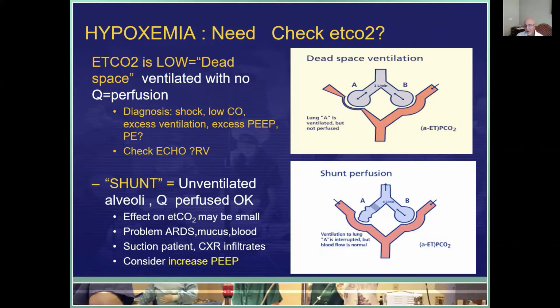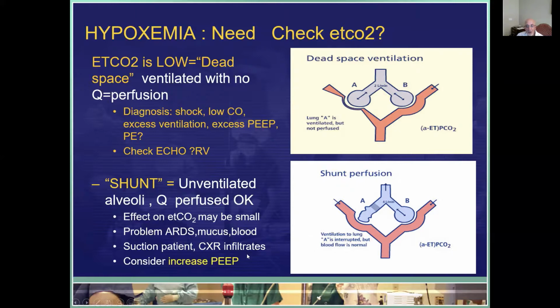This is often a result of mucus plugging, blood, and the common situation is pneumonia or ARDS. In this situation, the difference between the PCO2 or arterial CO2 and end-tidal CO2 is often small. And what you're dealing with here is probably shunt physiology, such as ARDS or pneumonia.